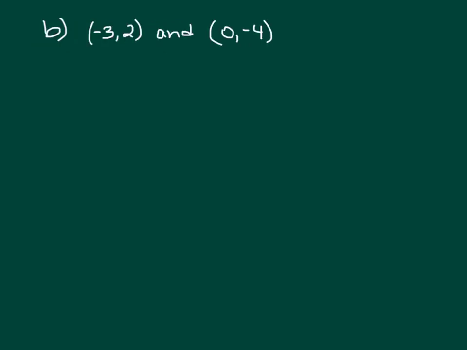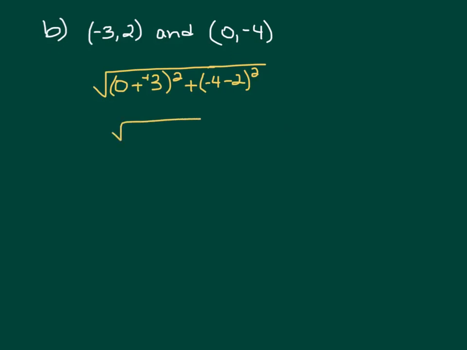B is the ordered pairs -3, 2, and 0, -4. So I'm going to take 0 minus -3 squared plus -4 minus 2 squared. So minus and negative is plus, so that's going to be 3 squared plus -4 minus 2 is -6 squared.